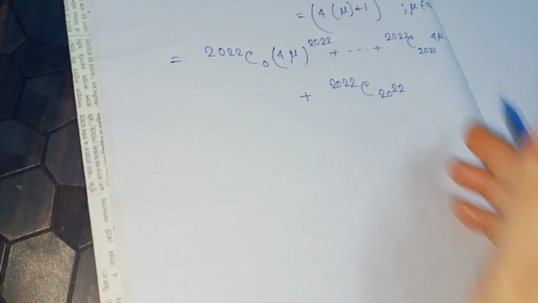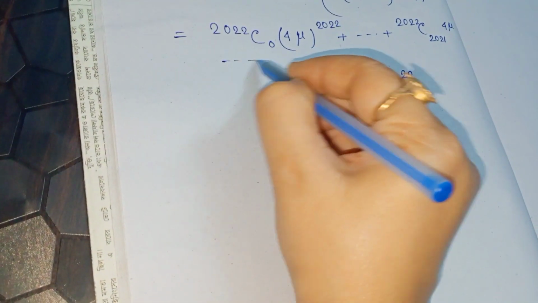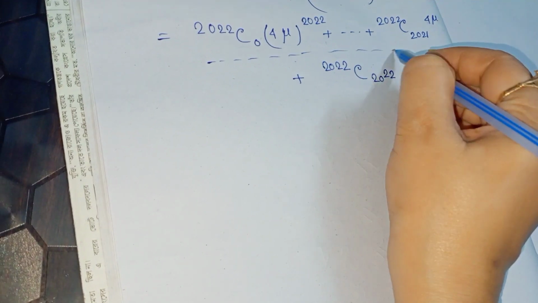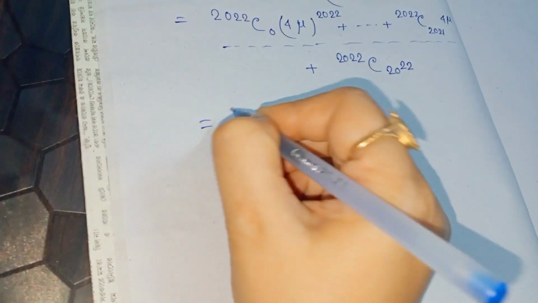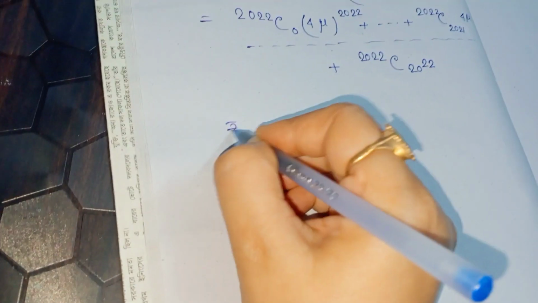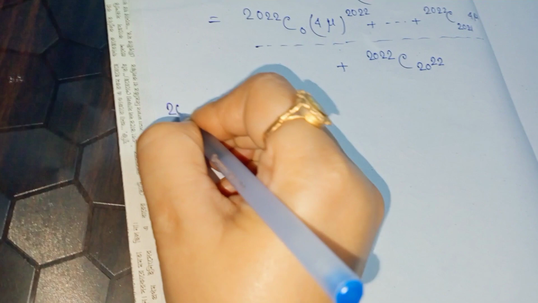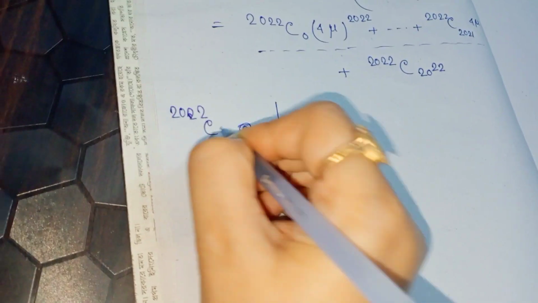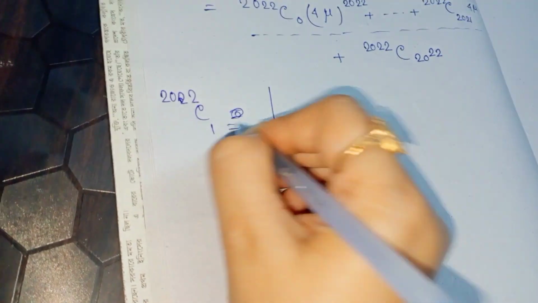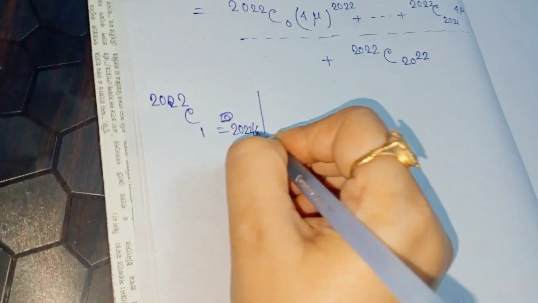So this becomes 1, and the value from this whole number, we know here one thing, that 2022 C 1 is equal to 2022 times 4 mu.